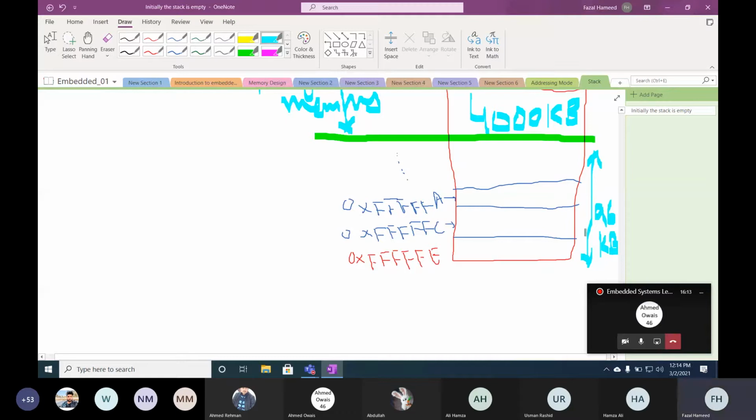Now we have a stack pointer. We have a stack pointer that is pointing to a location in memory.